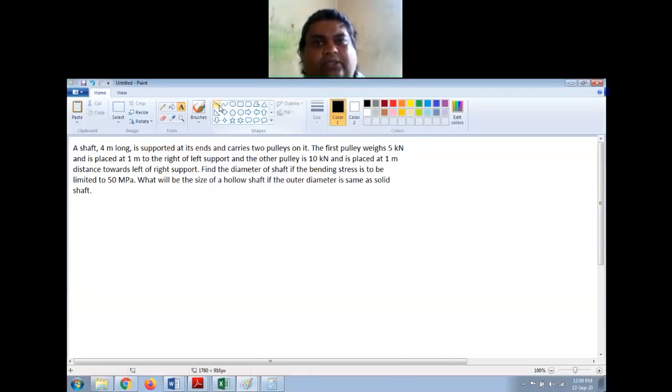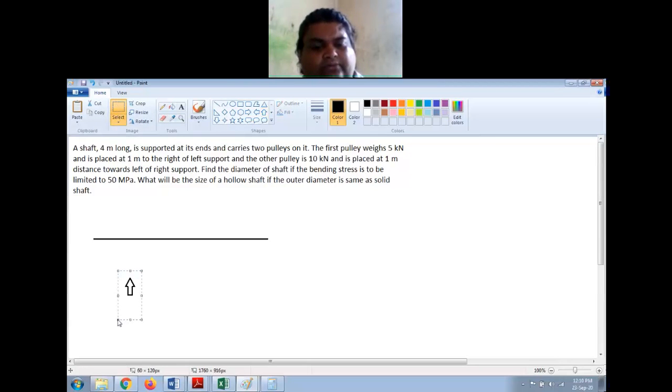So let us draw the beam first. So let us say this is my 4 meter beam, right? And I have end supports like this.